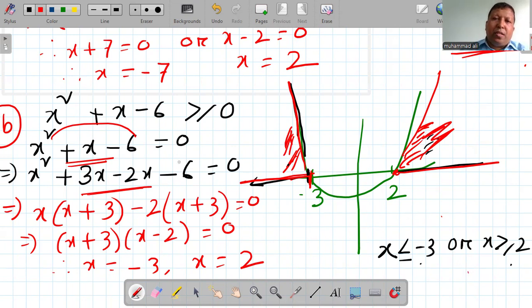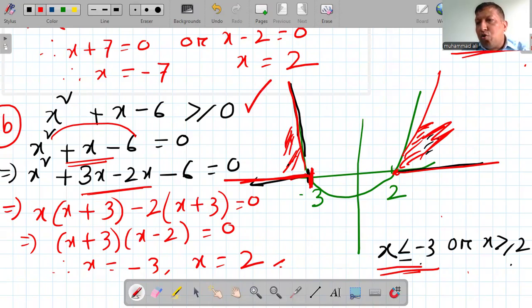So how do we do these things? At first we do the factorization. We find where the curve passes through the x-axis. After that we sketch this curve. And for the final decision, we want where the curve is positive. From minus 3, when it goes to the left side, it indicates x less than or equal to minus 3, the curve is positive.